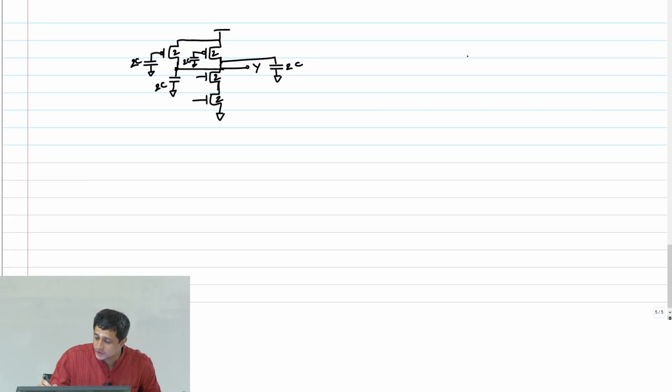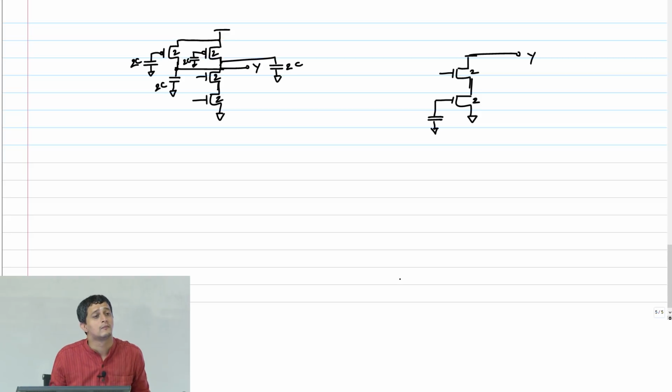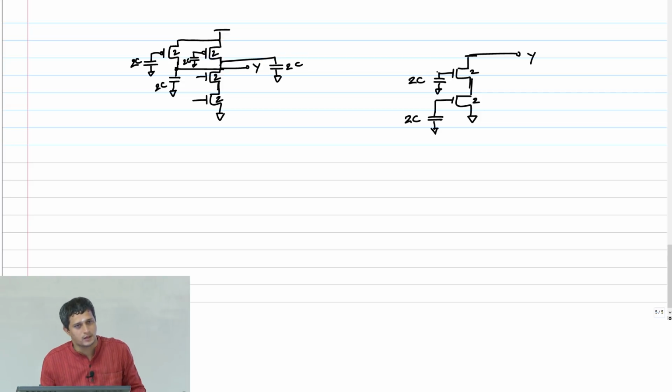Okay, I will now draw this NMOS stack separately so that it becomes clear. Output Y, this is 2, 2. So what's my gate capacitance? Yeah, 2C. What's this capacitance? 2C, right? Now I'm going to put one gate capacitance, drain capacitance here, 2C, right?